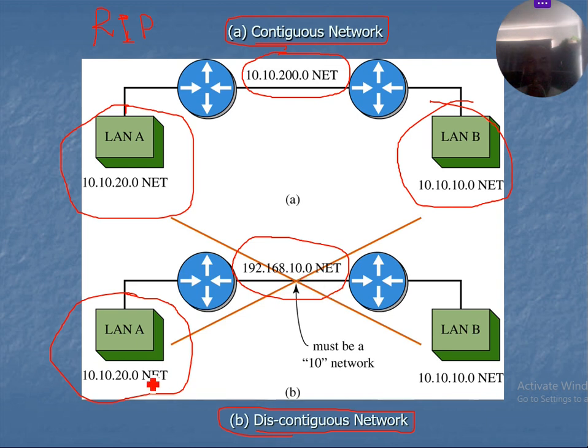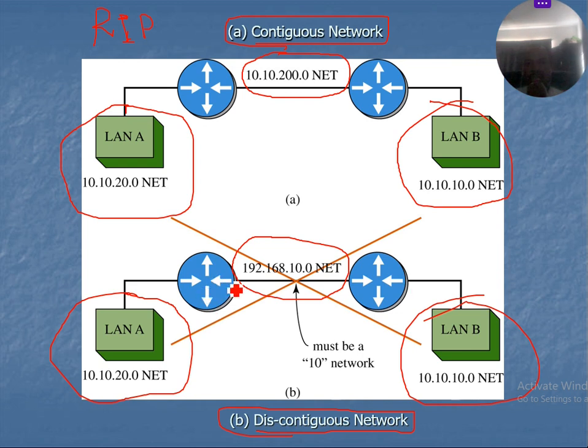See, then they don't conform. This LAN conforms with LAN A and LAN B in terms of class, but it does not conform with the IP address between these two routers. Okay, this is a symbol of a router.